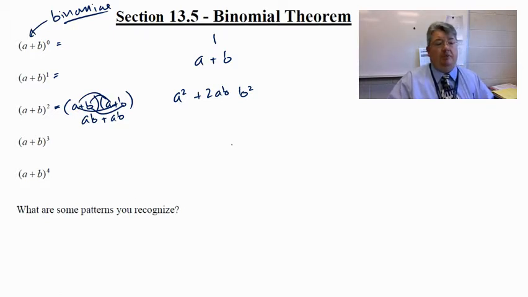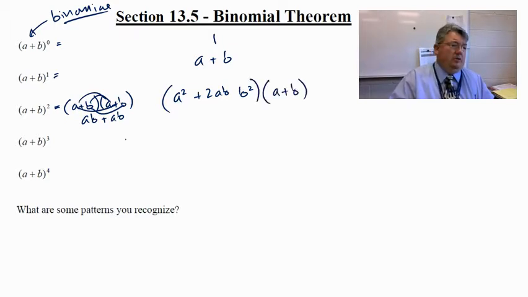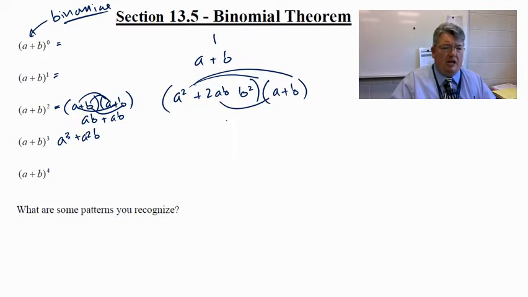Now, what about a plus b cubed? Well, a plus b cubed, I've just got to take this and multiply it times a plus b, right? Okay, so a squared times a is a cubed. A squared times b is a squared b. 2ab times a, so I did the a squared times both of those. 2ab times a is 2a squared b.